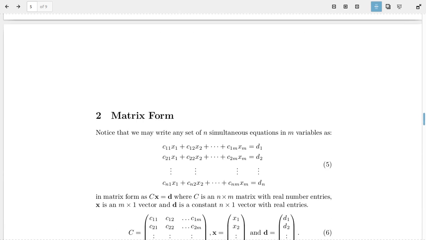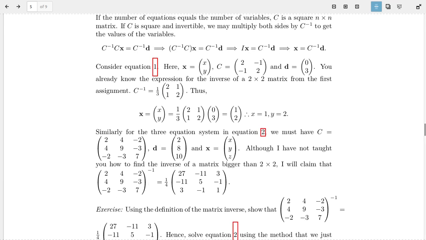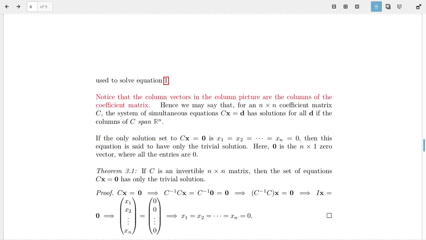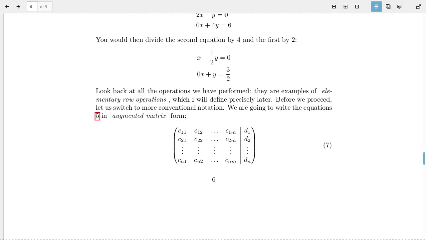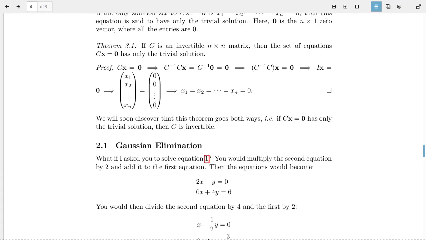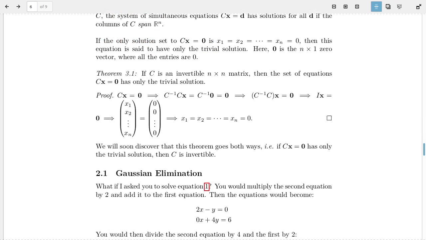Now let's look at the coefficient matrix. The coefficient matrix is 2, 4, minus 2; 4, 9, minus 3; and minus 2, minus 3, 7. So the columns in the coefficient matrix are the same as the column vectors in the column picture.